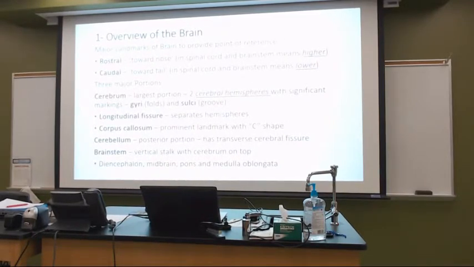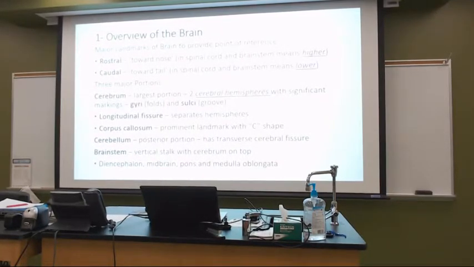Now, the cerebellum is this portion right here. Once again, two halves, right and left. The foldings and the markings are a little bit different, but still very well defined. All right, you can see the lines and grooves that they're trying to represent.